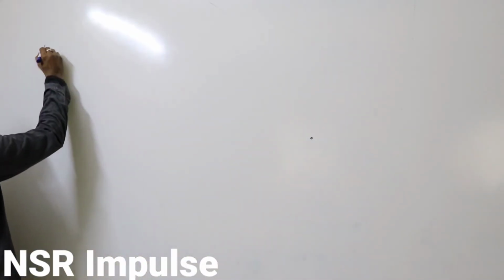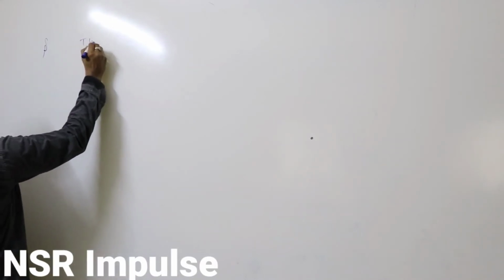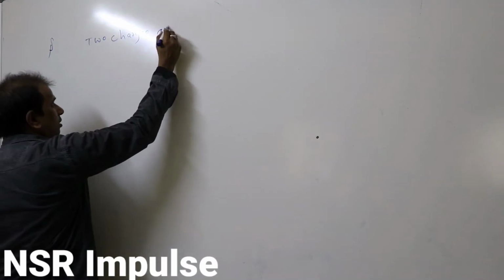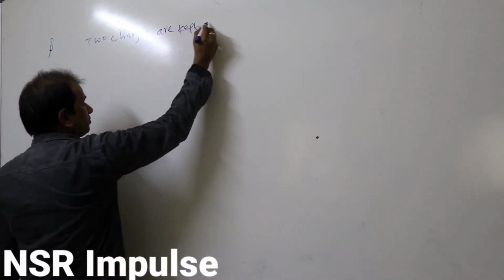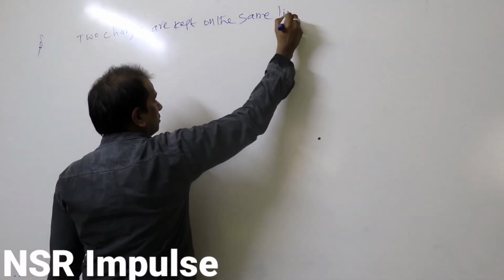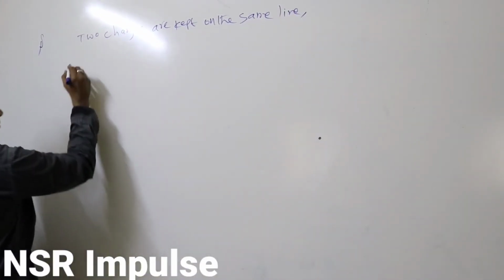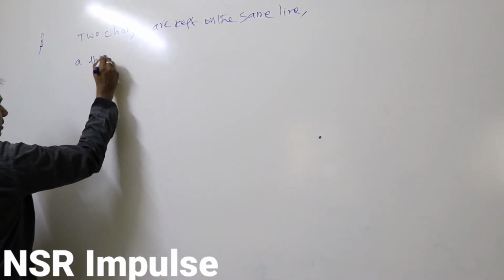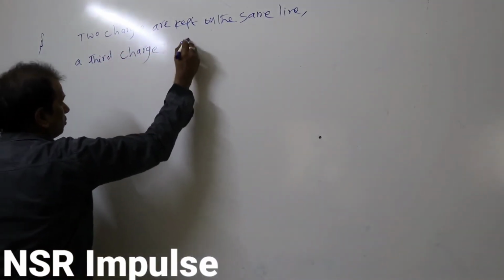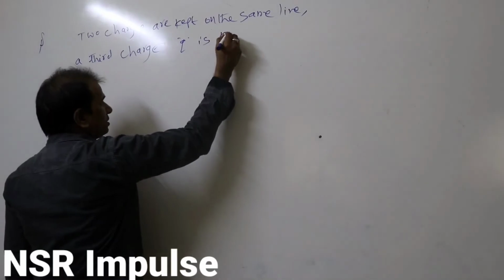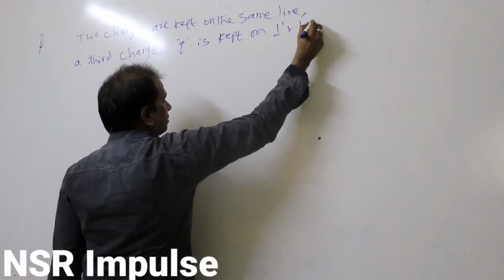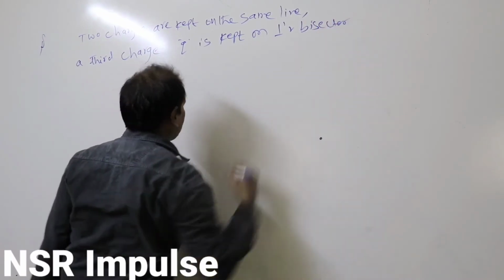Next case is: two charges are kept on the same line. A third charge Q is kept on the perpendicular bisector.